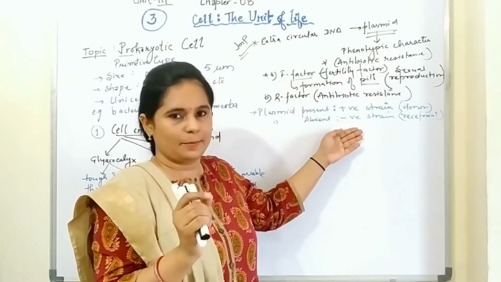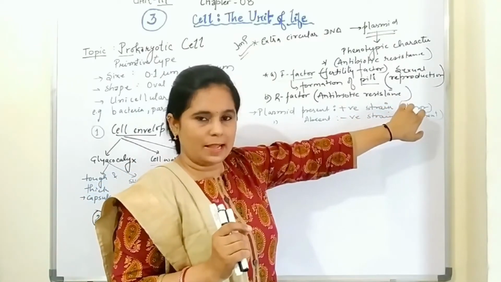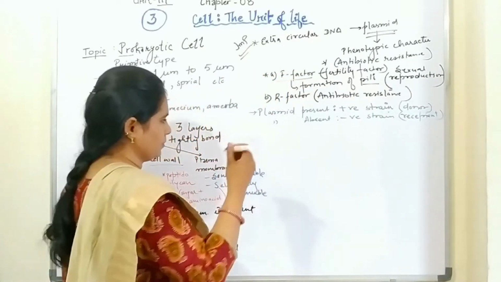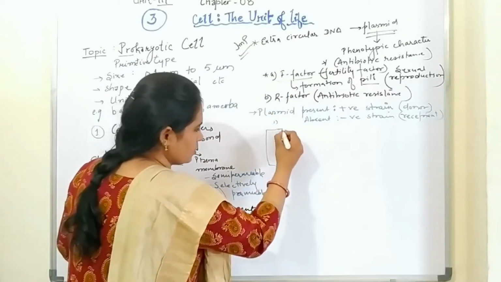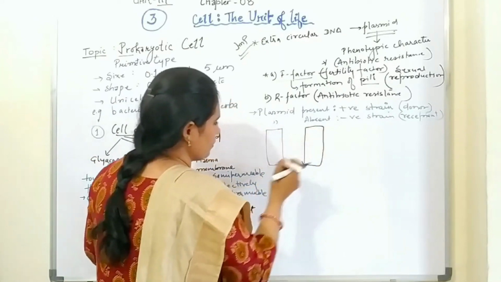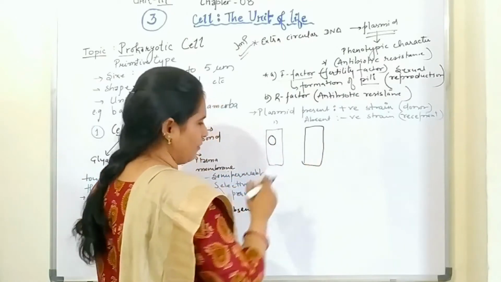In that case, this donor cell which has the F factor will make a bridge like this. Suppose this is one cell and this is the other cell. It is having the plasmid and it is not having.